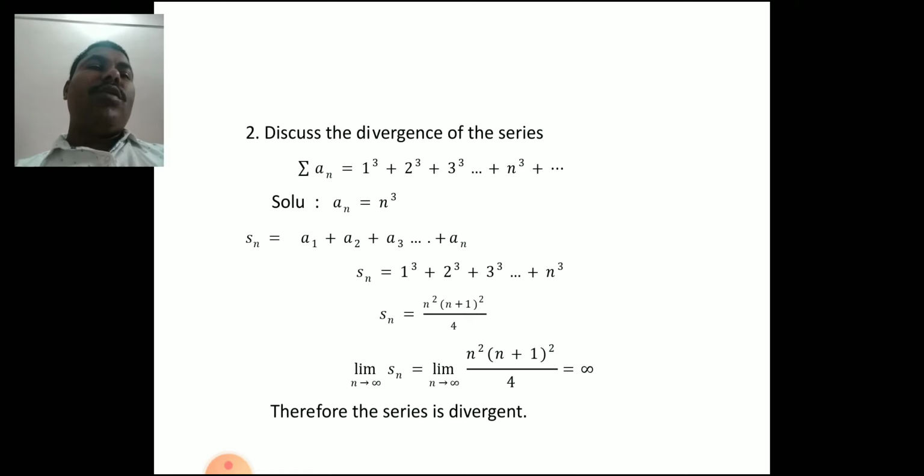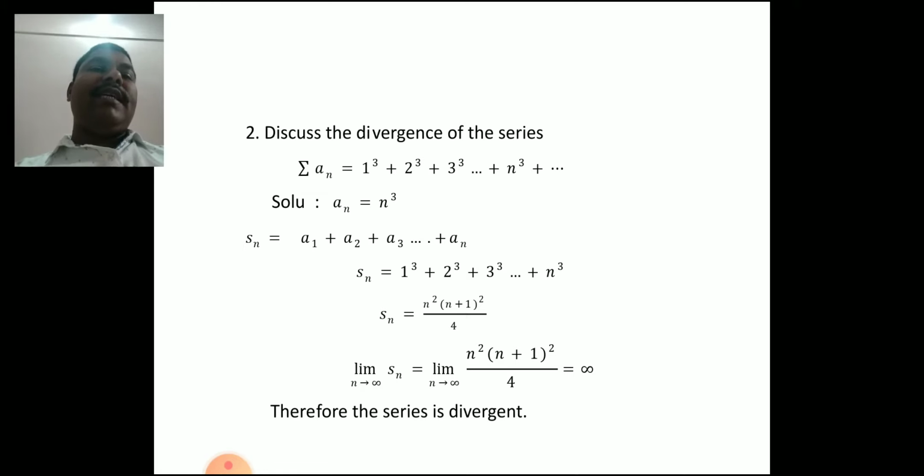The second problem is to discuss the divergence of the series summation an is equal to 1 cube plus 2 cube plus 3 cube plus up to n cube plus dot dot dot. Solution for this problem: the nth term of the series an is n cube.